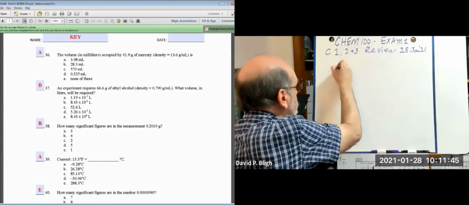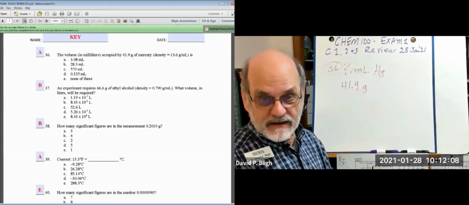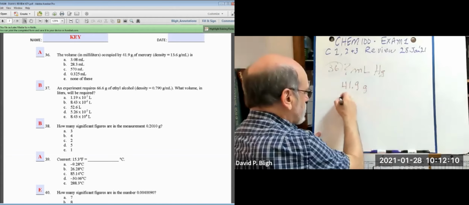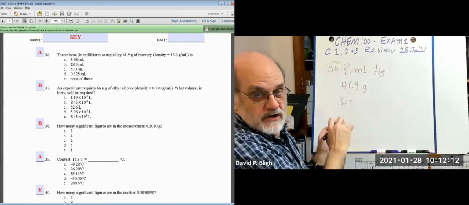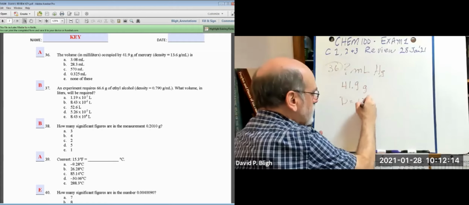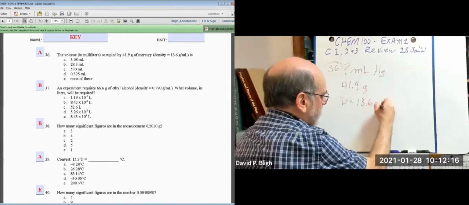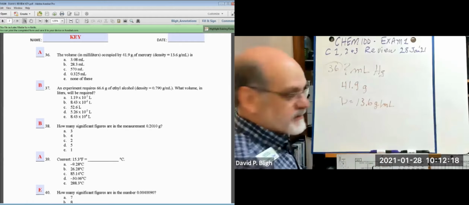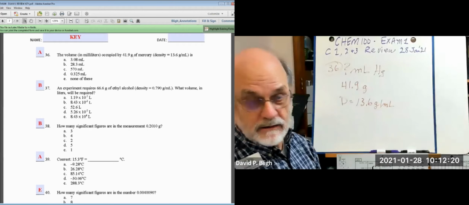What's the information that we're given? We're given the mass of the mercury, 41.9 grams. And we're given the density. Let's see, do we even need the density? Now, just because it's there doesn't mean we need it. As a matter of fact, we do need it.